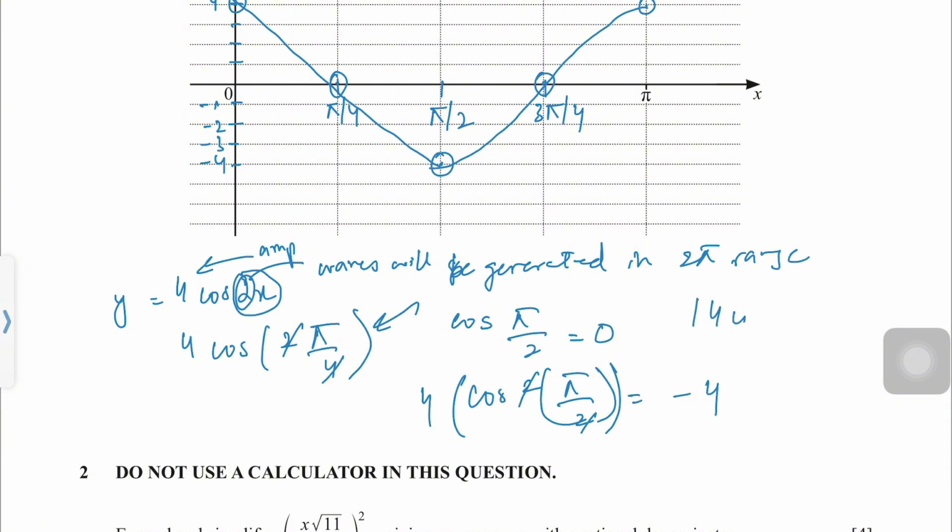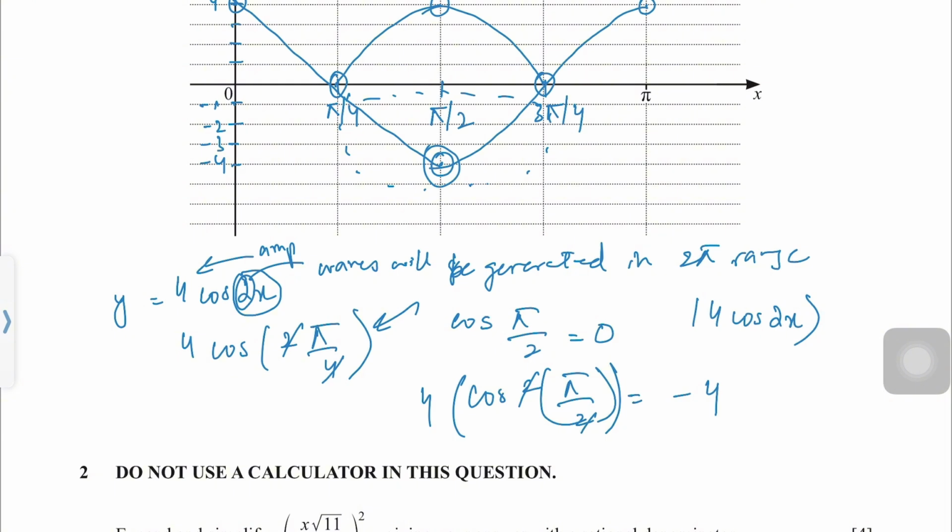Now since it's a modulus of 4 cos 2x, this whole negative part will go into the positive part. So this negative 4 will convert into positive 4. This part, and this will be the same. This and then this.